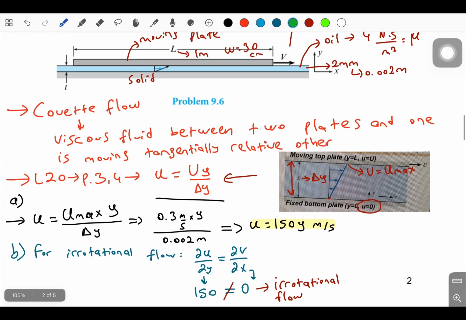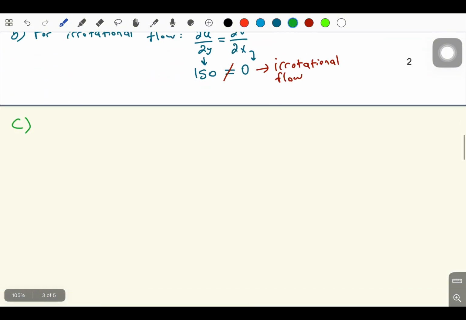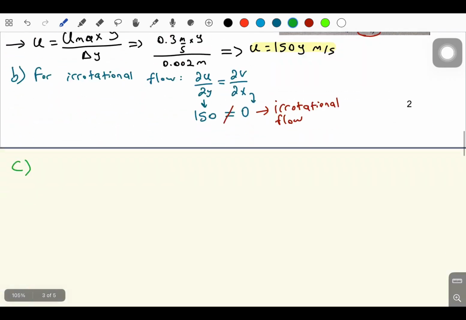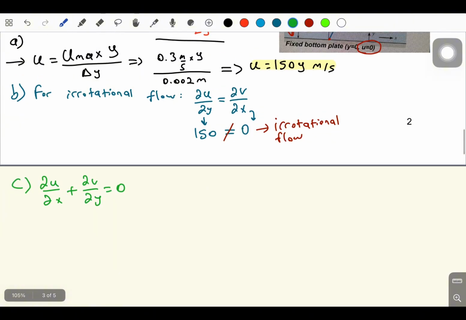In question C, it is asking if the continuity is satisfied using the differential form. For that, we need to satisfy this differential form. And I also forgot to mention, since we don't have any vertical movement, we will have 0 velocity vertically.